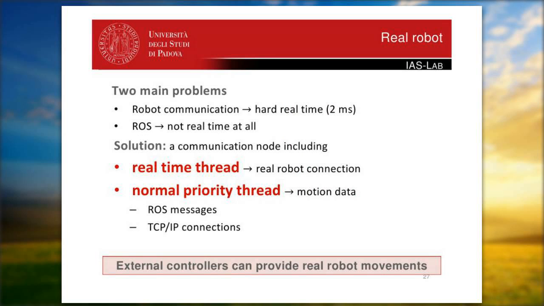We faced these problems by creating a communication node which includes a real-time thread and a normal priority thread. The real-time thread contains the real robot connection, and the normal priority thread contains the motion data, so ROS messages, TCP/IP connections, and so on. And I want to highlight that this type of structure lets external controllers provide real robot movements.